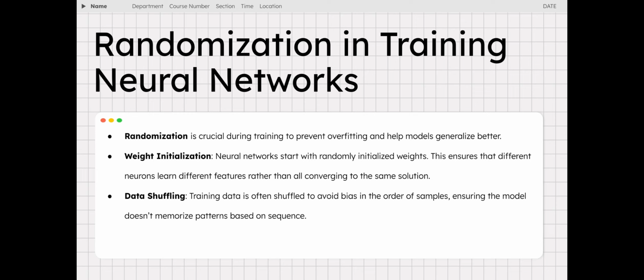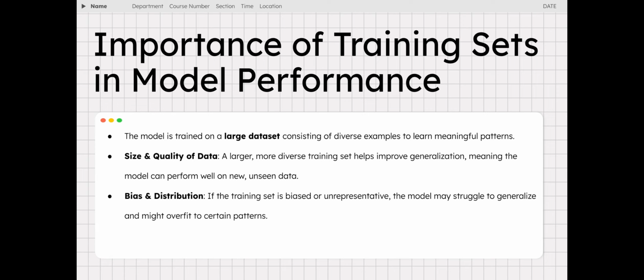The importance of the training set in the model's performance. A large data set consisting of diverse examples is used to learn meaningful patterns. The size and quality of data: a larger, more diverse training set helps improve generalization, meaning the model can perform well on new unseen data.